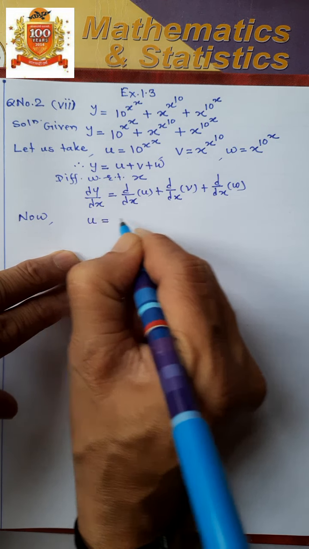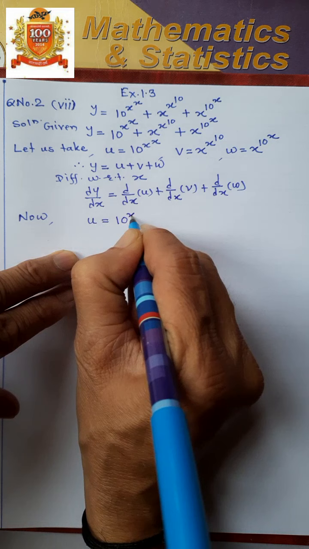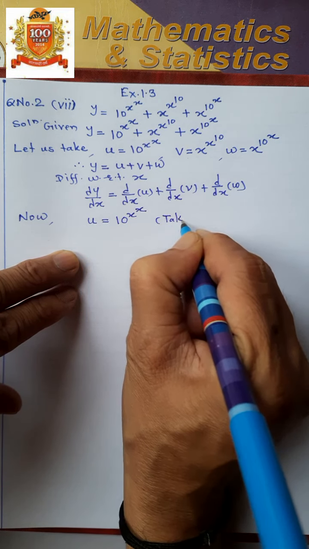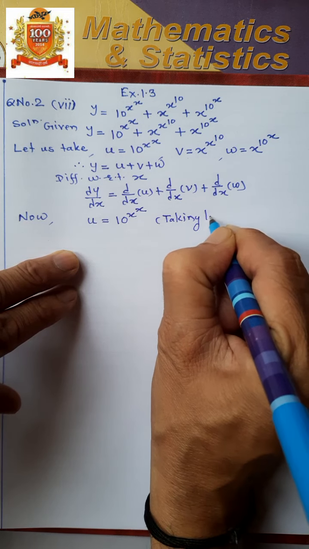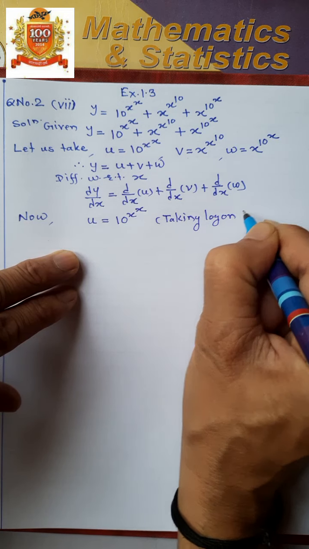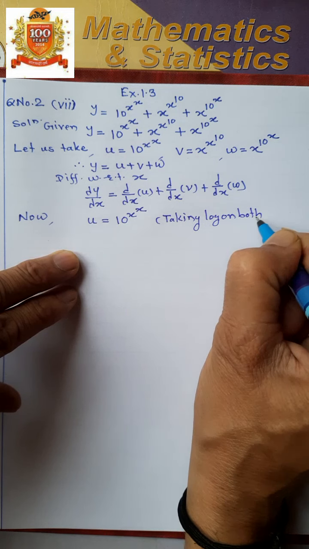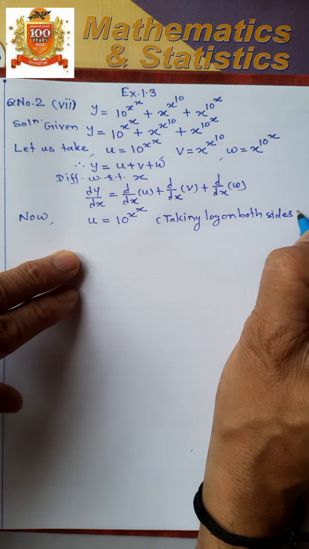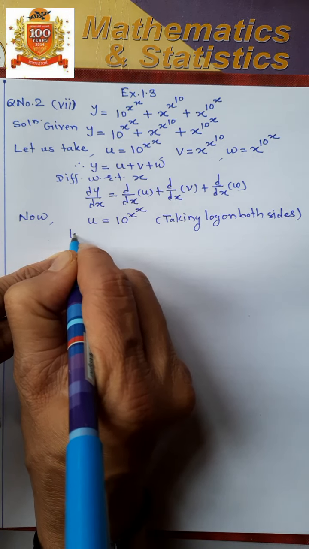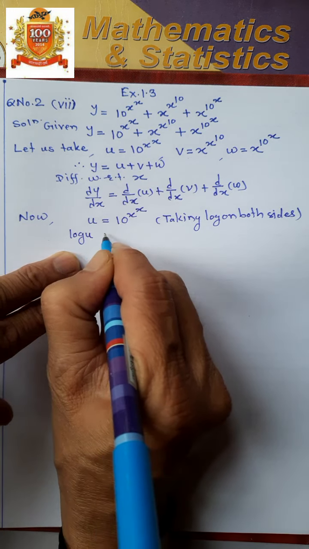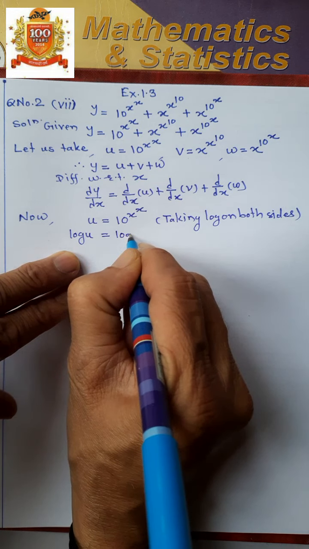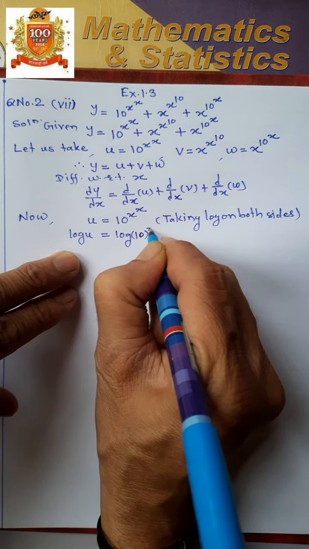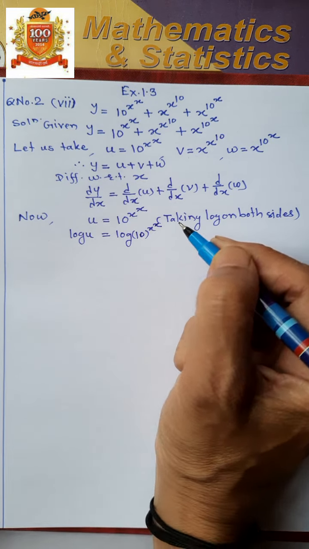Now we have u is equal to 10 raised to power x raised to power x. Taking log on both sides, log u is equal to log of 10 raised to power x raised to power x.